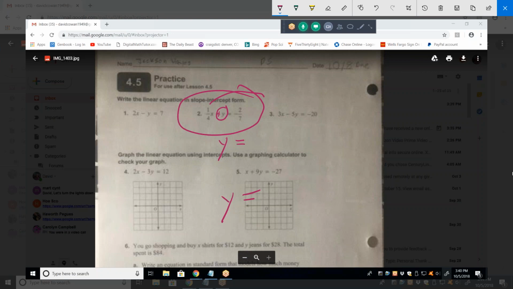I have to subtract 1/4 x from both sides. I'm subtracting 1/4 x there, which means I've got to subtract 1/4 x over here. So what does the right side read now? Read that and put it in order of mx plus b.